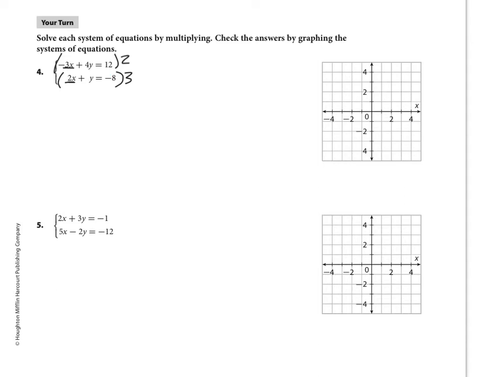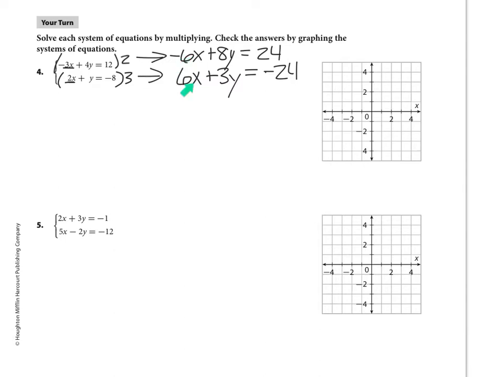So I do the distributive property. When I do that, this equation now becomes negative 6x plus 8y equals 24. Make sure you multiply it times all the terms. Multiply here, I get 6x plus 3y equals negative 24. So now what happens? If you look right here, what about my x's?